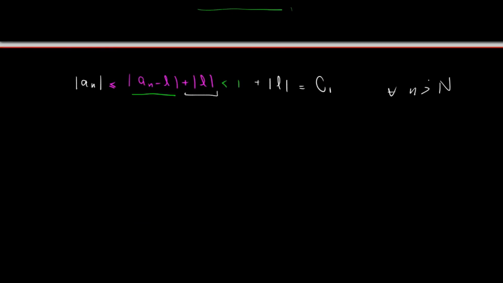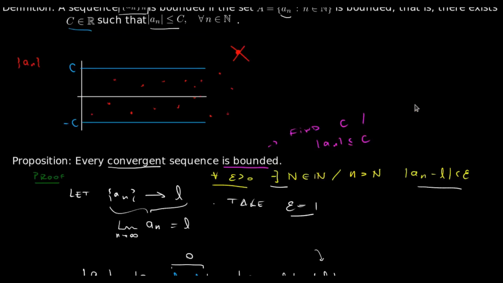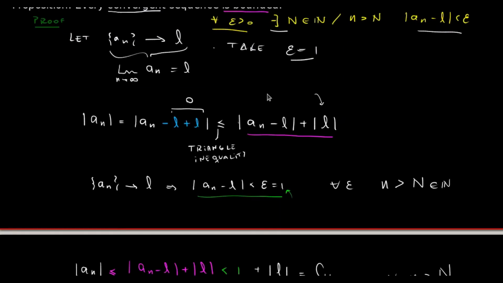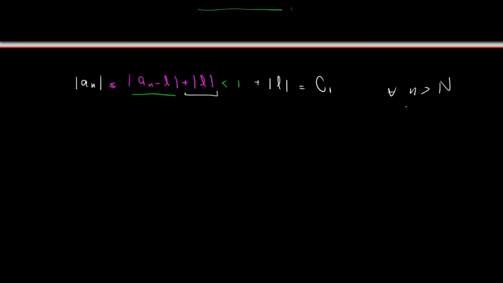Now, if we remember the definition of boundedness, it was for all natural numbers. And for now we only have the bound for some of them. It's most of the natural numbers, but we still have capital N numbers we are not taking into consideration.